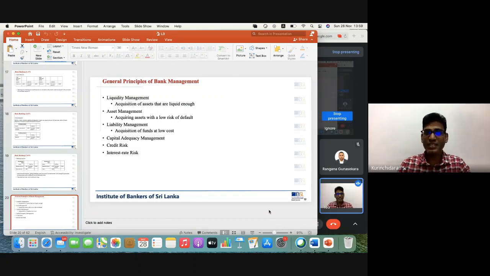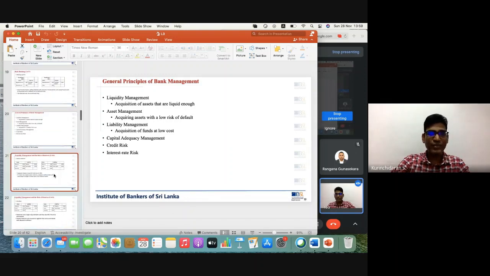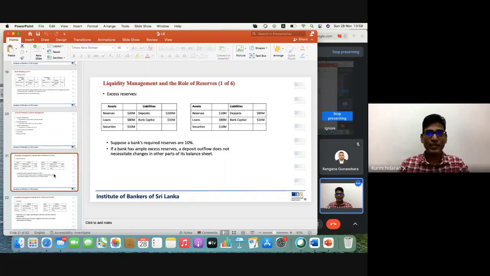These are very important. So ALCO will look into that and submit a report regularly to the board of directors. If you don't know that, just get a report and see how they do the analysis, right? Okay, so first, what you are going to see here is liquidity management and the role of reserves.